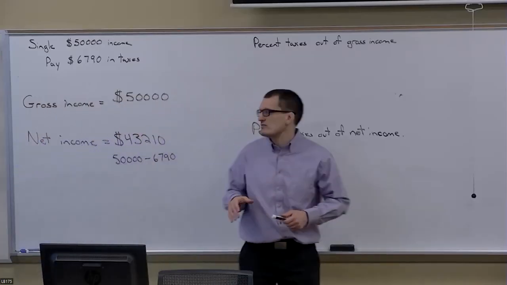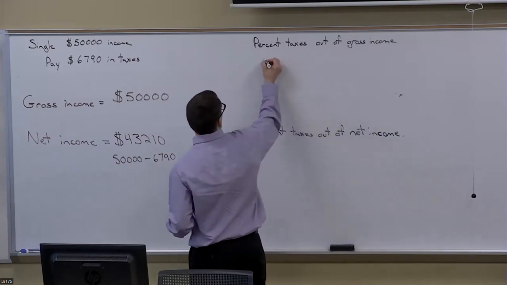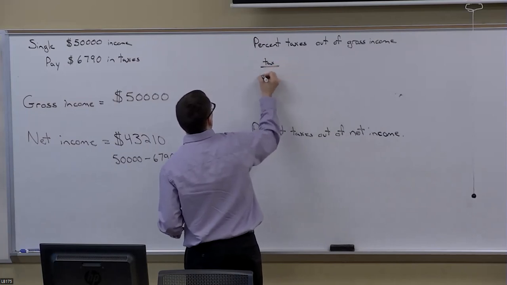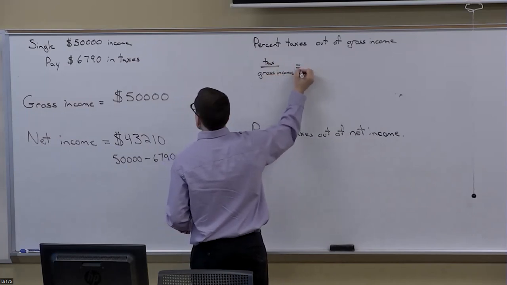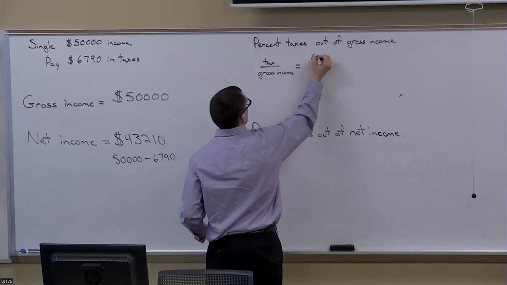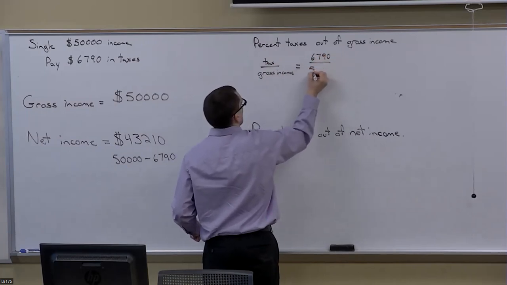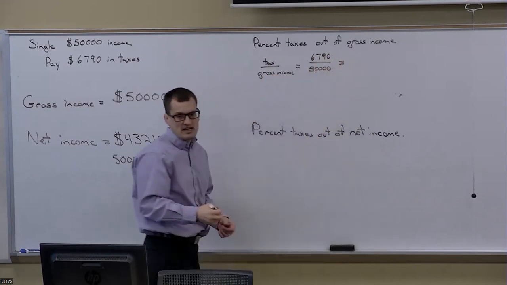So our percentage of taxes out of gross income, again, I just take my taxes out of my gross income. So I take 6,790 divided by 50,000. We've done that calculation before.